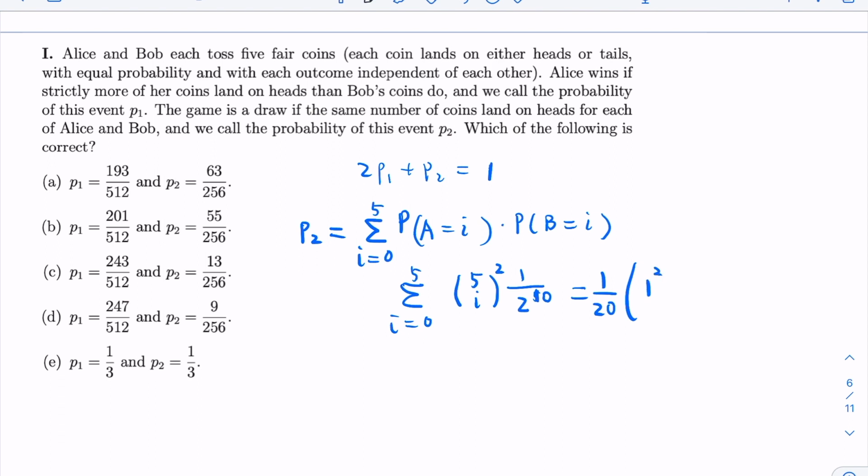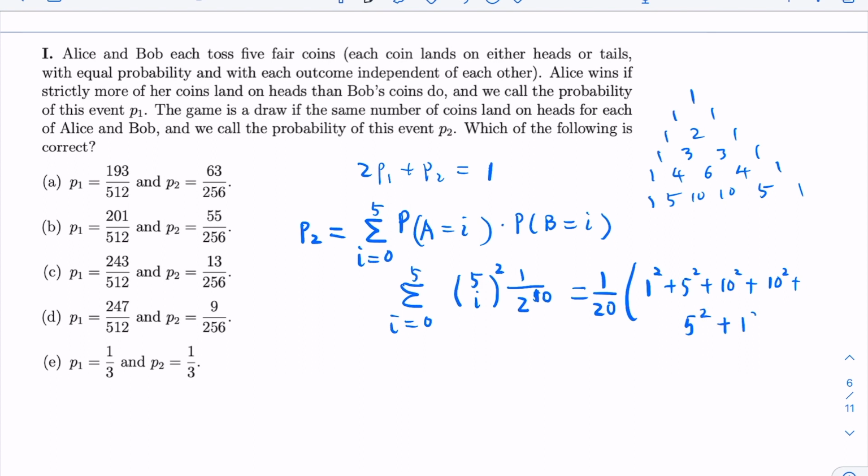So it's 1 square plus 5 square plus 10 square and plus, this one is going to be, so let's write it here: 1, 1, 1, 1, 2, 1, 1, 3, 3, 1, 1, 4, 6, 4, 1, 1, 5, 10, 10, 5, 1. Okay, so plus 5 square plus 1 square.